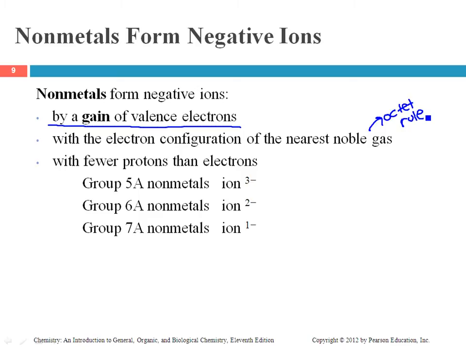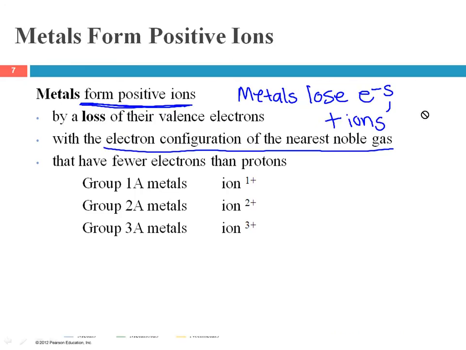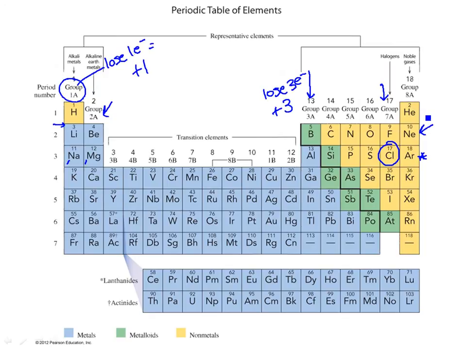If we look at our group 5, we can't say that they form a 5 negative charge, but we can see a trend. So I'm actually going to go to the periodic table to show this a little bit better. If we look at group 5, they want a configuration like the noble gases. Everyone wants to be like the noble gases.